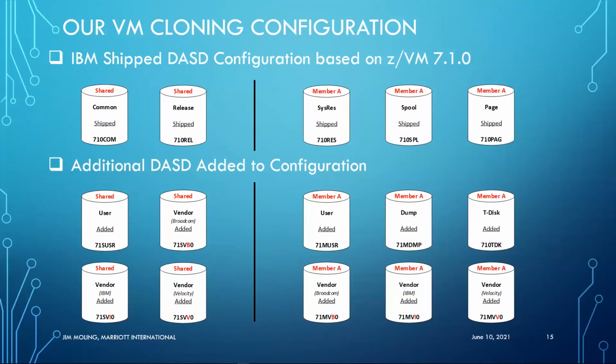You have to copy the data just like you do for the common release and sysres of the original ship configuration. So how you clone changes depending on the situation. Just want to point that out. That's one of the considerations we have to take when we're cloning something: what is it we're coming from and where we're going to. Okay.